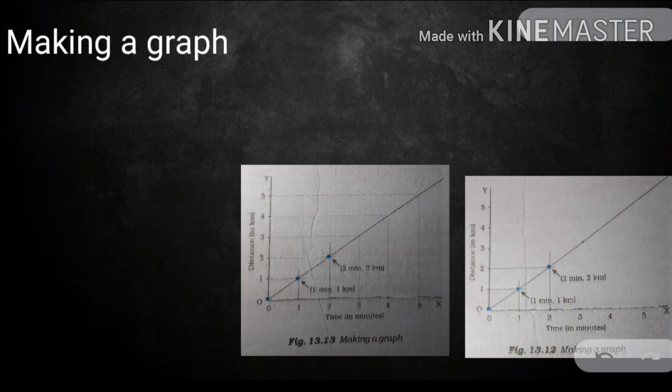Now, for the motion of the car, mark the time 1 minute, 2 minute on the x-axis from the origin O. So this is your origin O, and this is time in minutes, and here you can see the distance in kilometer. Now we will mark the points on the graph paper to represent each set of values for distance and time.